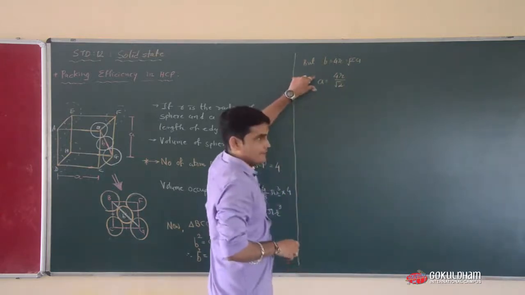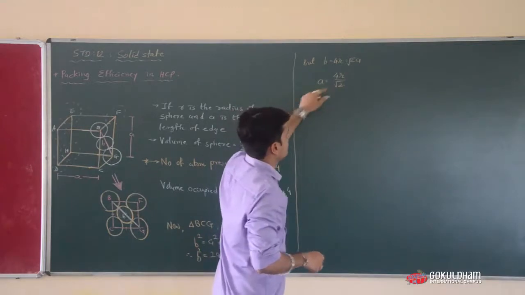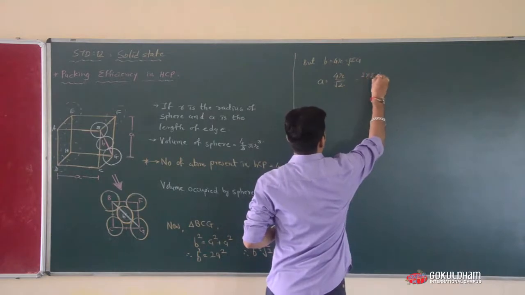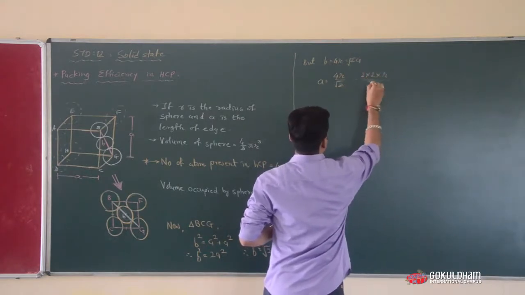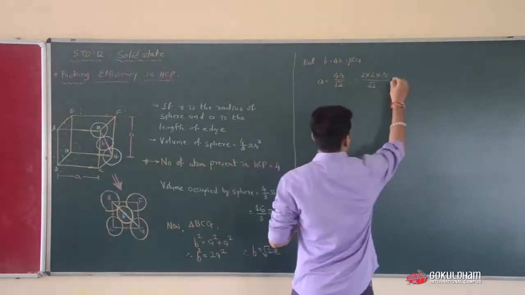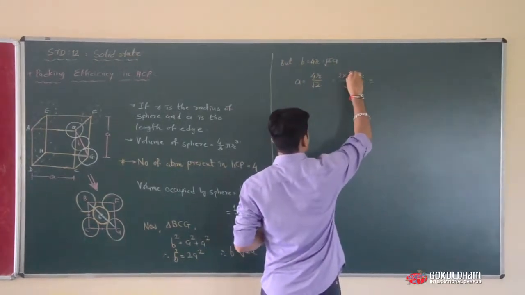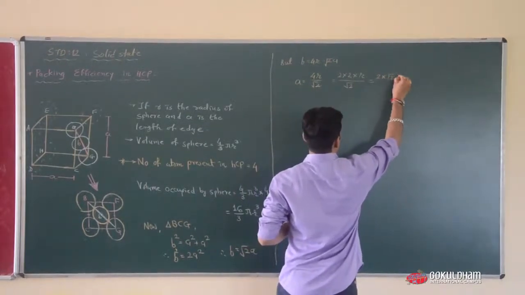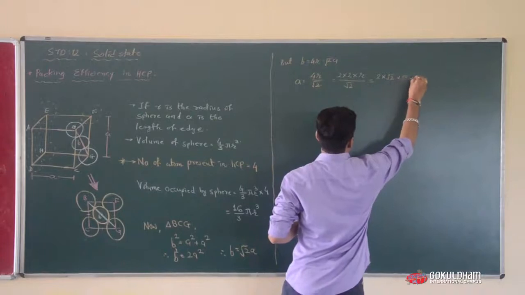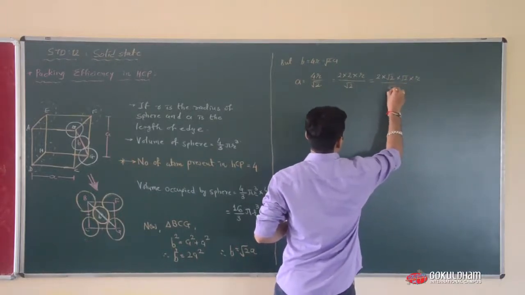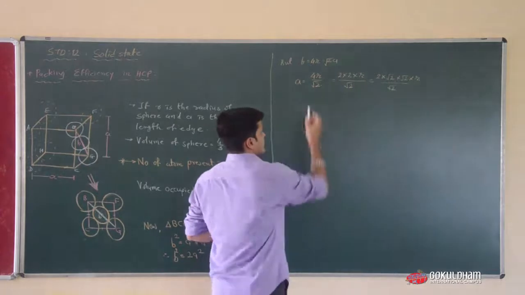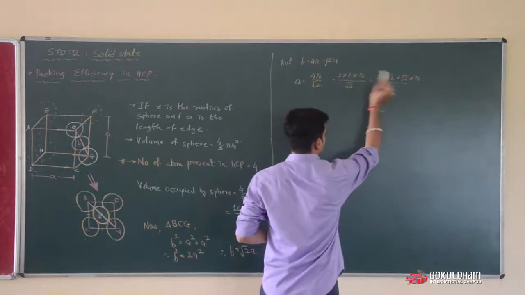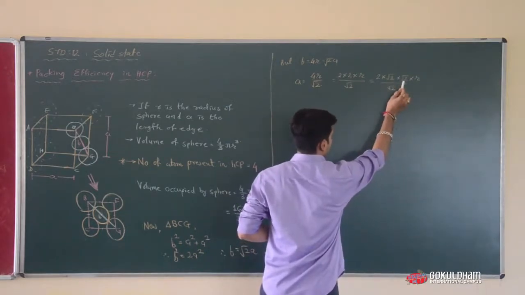We have our a. We have to simplify this. So 4 into r upon under root 2. This is simplified as: this 4 is converted into 2 into 2, and this 2 is converted into under root 2 into under root 2.